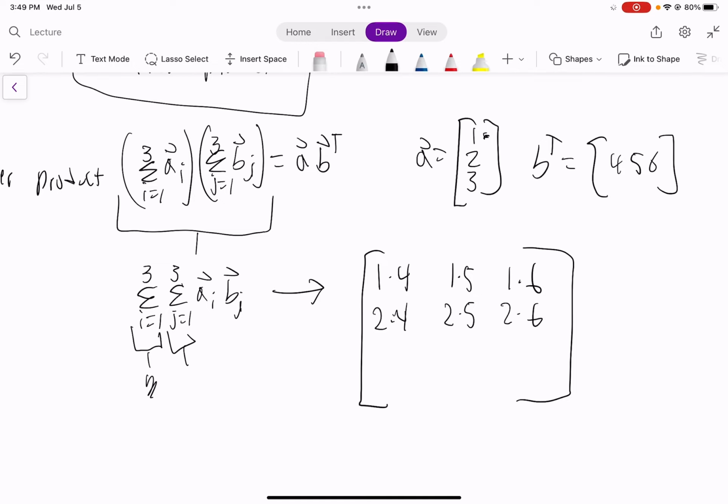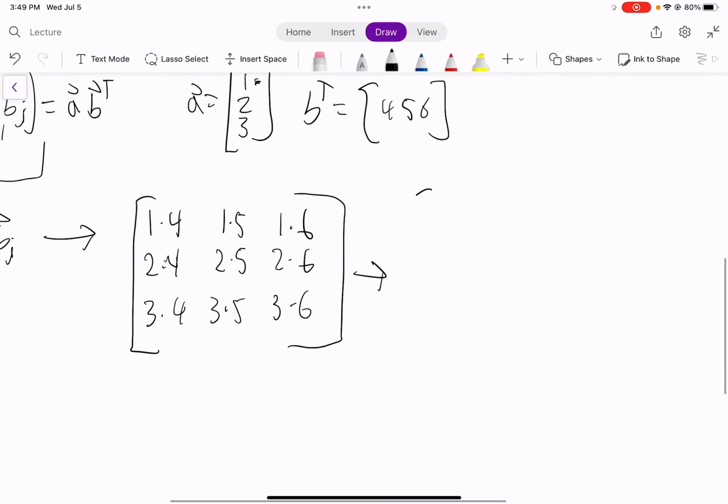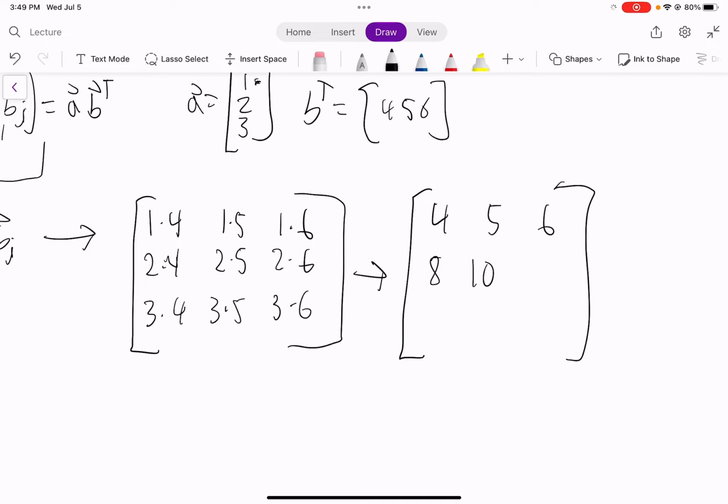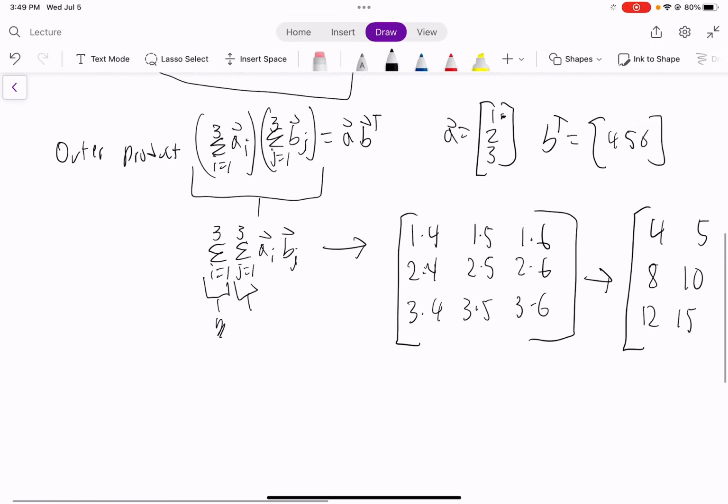Iterate again, new row. 3 times 4, 3 times 5, 3 times 6. Okay? This creates a matrix. And you can further reduce this down into what it is, which is this. It creates a matrix. So that's why it's called an outer product.